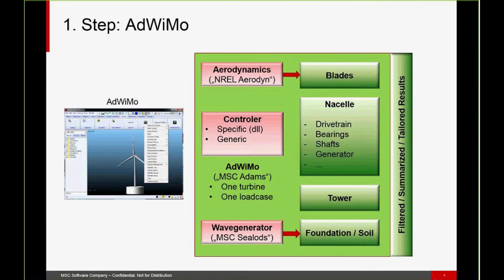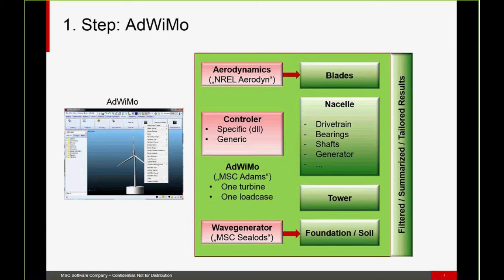AdWiMo itself means, okay, I take several disciplines into AdWiMo. As explained before, we have the aerodynamics, and we are using as a standard the well-known AeroDyn code. It's a proven code for the wind load calculation, and these wind loads are applied onto the blades.